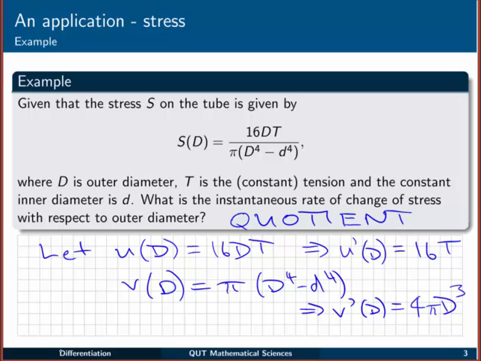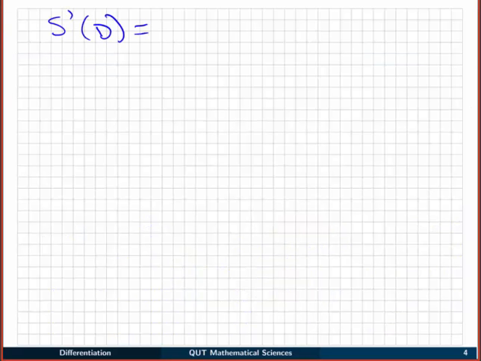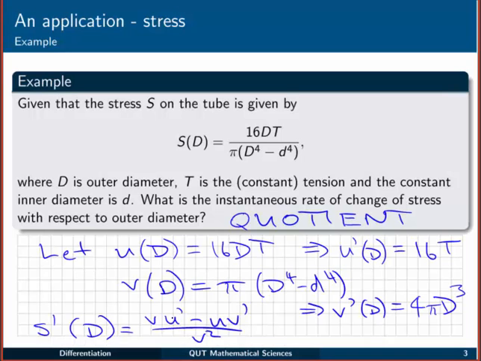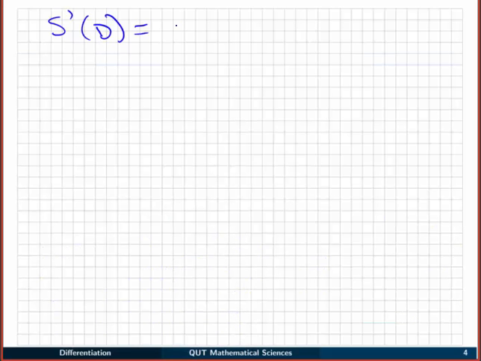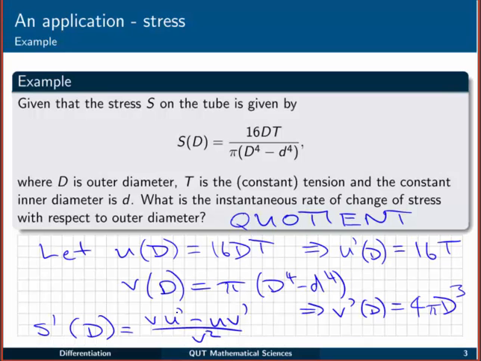So we've got those, and then we can say that S dashed of D is going to be v times u dash minus u times v dash, all over v squared. Let's jump down to the next slide and plug those in. Okay, so S dashed of D is going to be v times u dash, so that's pi times big D to the 4 minus little d to the 4 multiplied by u dashed, and u dashed was 16T.